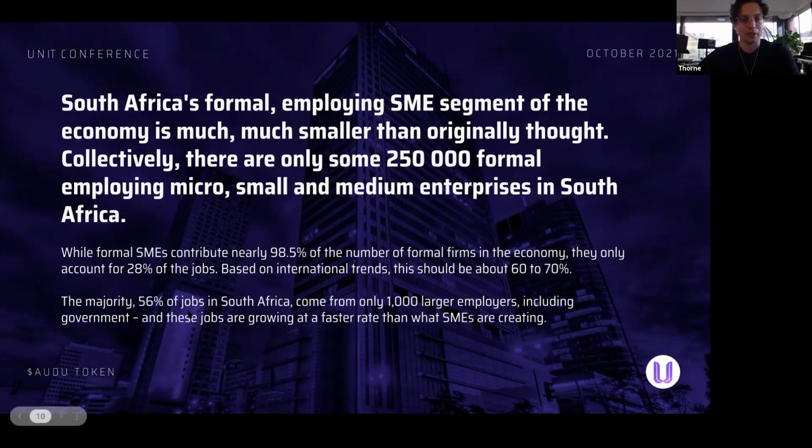The majority, 56% of jobs in South Africa, came from only 1,000 larger employers, including the government. And these jobs are growing at a faster rate than what the SMEs are creating.